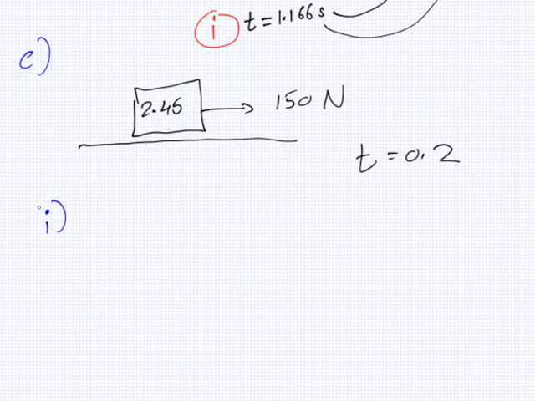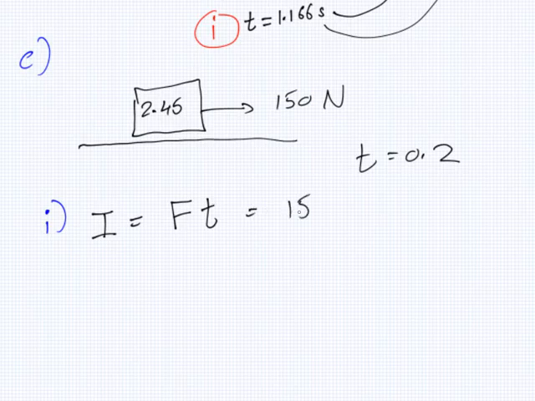What is the impulse? What's the formula? This part C is so easy compared to part B. What's the formula for impulse? It's Ft. So 150 multiplied by 0.2, which is 30 newton seconds.